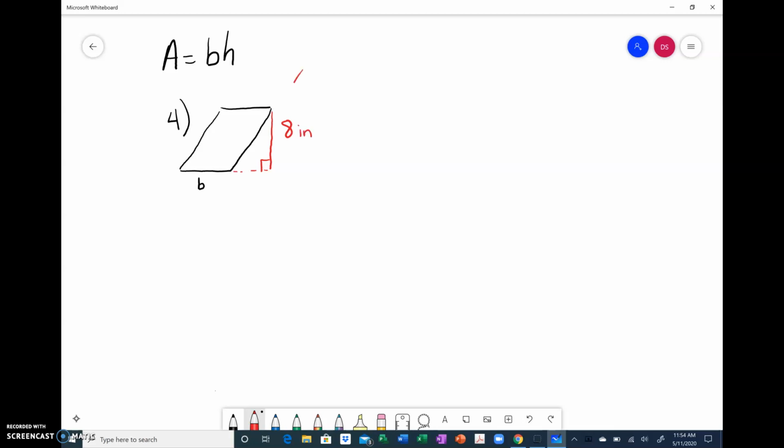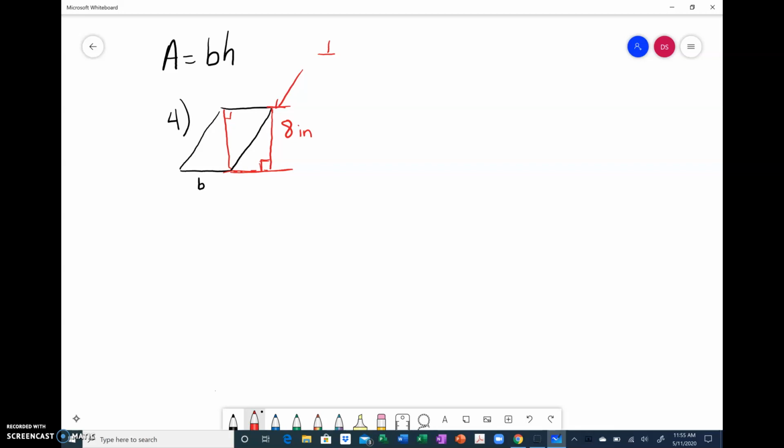The reason that this whole little thing is here is because they wanted to put the perpendicular, remember that's the key, it has to be perpendicular, and they wanted to show that height line, the perpendicular line, out here. So you can imagine that this line's being extended, and so where it comes in here and where it comes in down here is perpendicular. Why they didn't just go up here and put it, I don't know. Either way, it's 8 inches, okay?